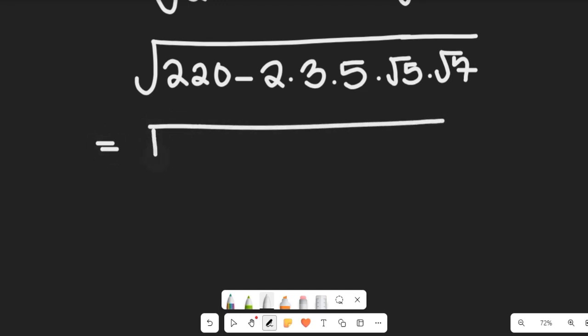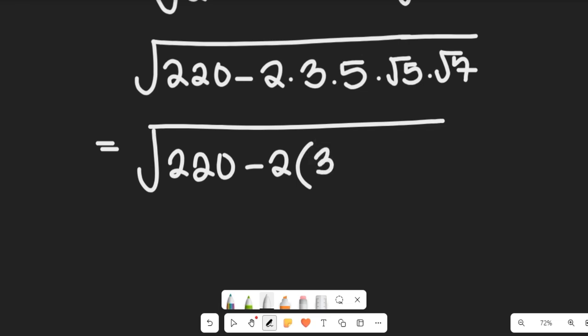Now, if I simplify this, I'm still going to regroup all this to give me the value of the total square root of 220 minus 2. This will be multiplied by 3 root 5, right?